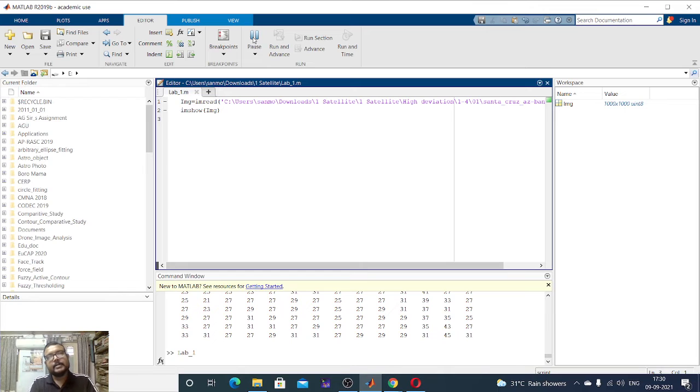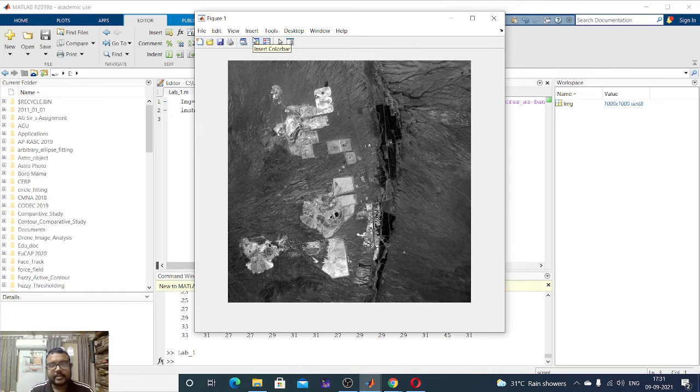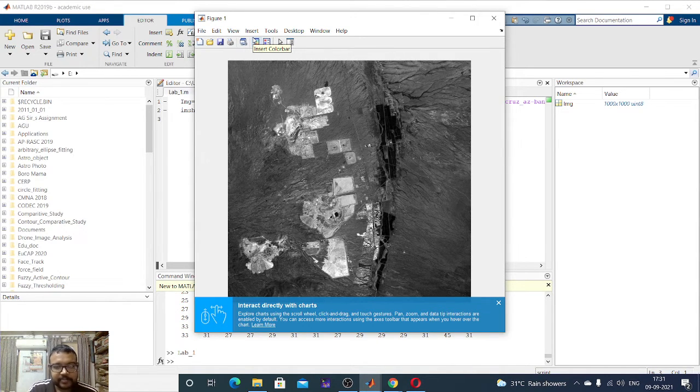So again I am running it. Yes, so it is now displaying the image, right?